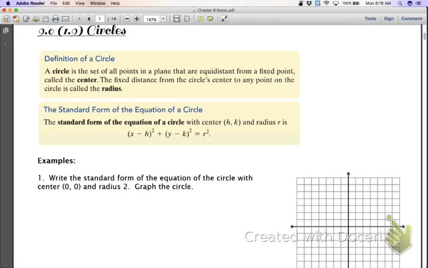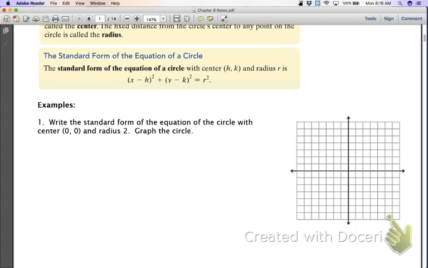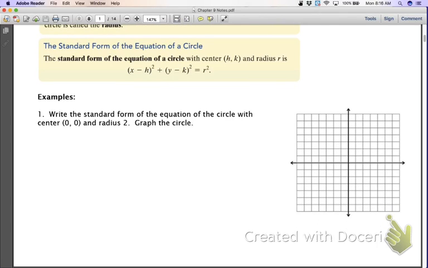Standard form of a circle is (x minus h) quantity squared plus (y minus k) quantity squared equal to the radius squared. If you have to write the standard form of an equation of a circle with a center of (0, 0) and a radius of 2, remember that your x value is your h and your y value is your k.